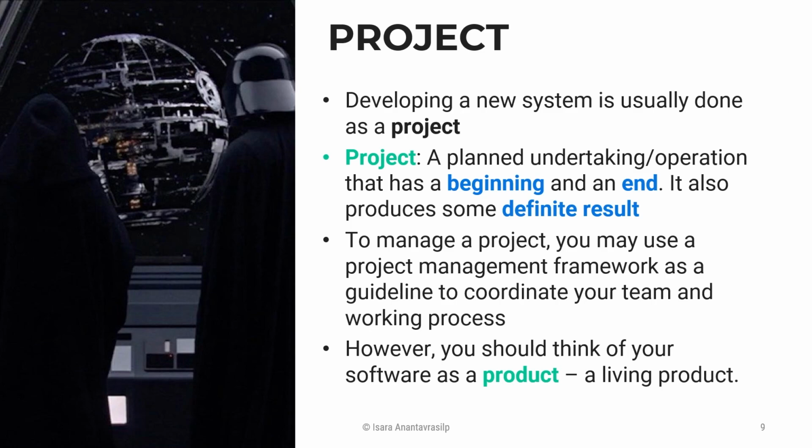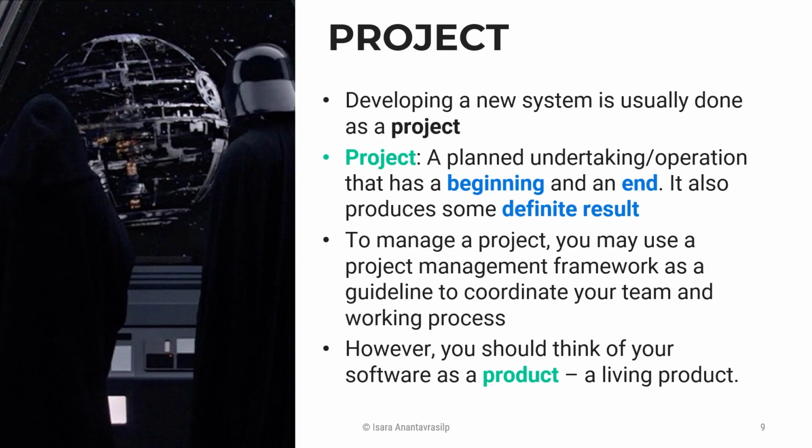What it means is that when the Emperor told Darth Vader to build the Death Star, he has a vision: "All right, Darth, construct the largest cannon ever built that can destroy a planet."